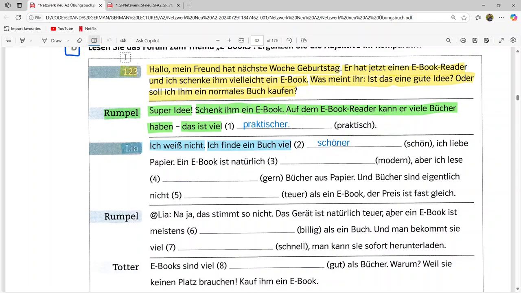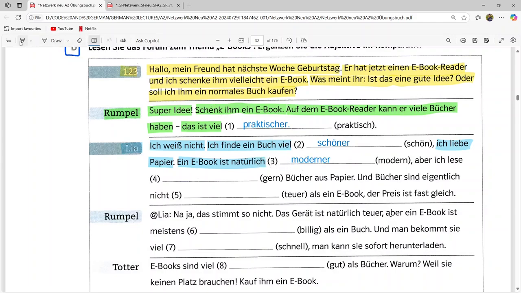Why? She might say, ich liebe Papier. I love paper. Ein E-Book ist natürlich blank. The option is modern. So in comparative it will be moderner. So an e-book is naturally more modern.